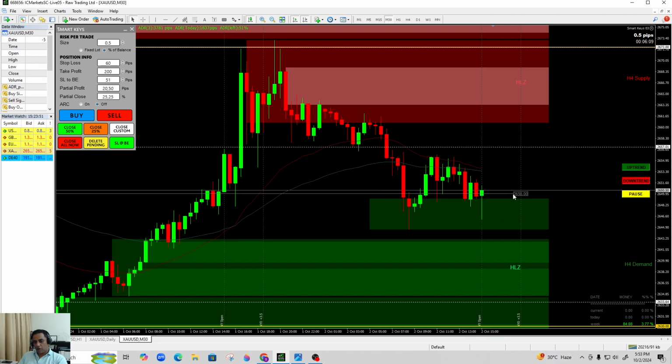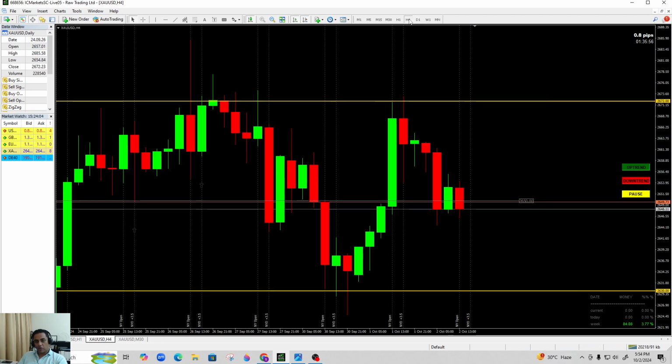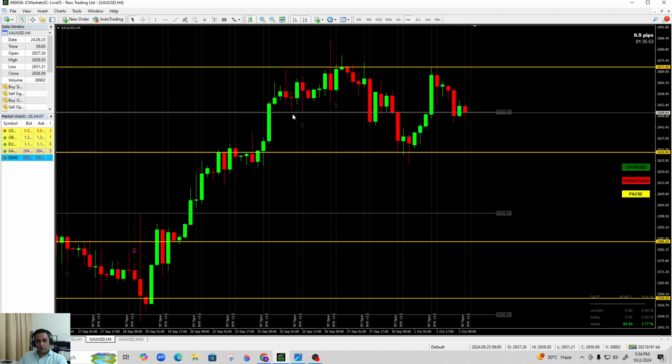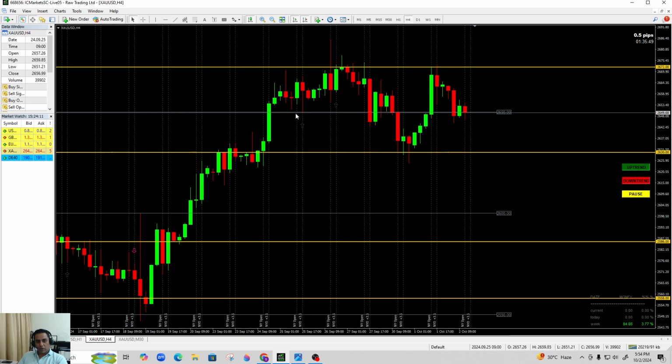Now, it may work because this is a psychological number. You've got to remember, 2650 is a psychological number. It's an area of liquidity. If you look on the daily time frame, you can see the number of times price has bounced there. If you go down to the H4, it's even clearer, right? Price has reacted to 2650 many times. So you can get a trade off 2650, right?